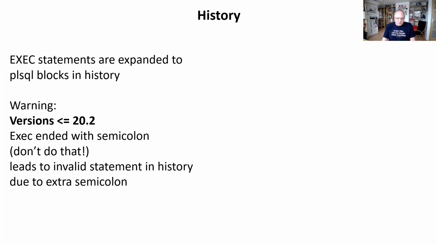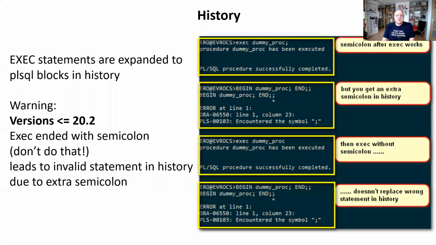But in versions before 20.2, if you ended your exec statement with a semicolon, then you get an invalid statement in your history because of an extra semicolon. This is fixed in 20.2, so you should be safe from then onwards. But if you're using an older version, then you can run into this.